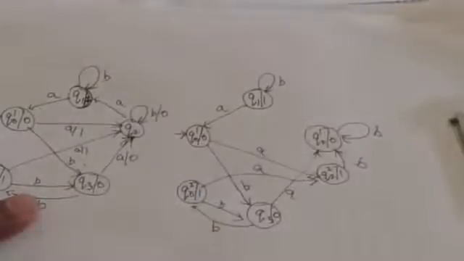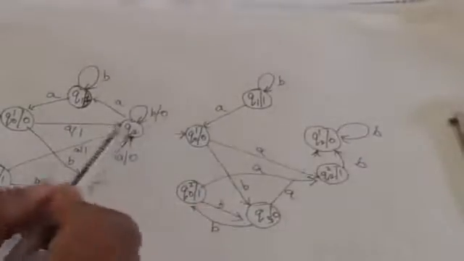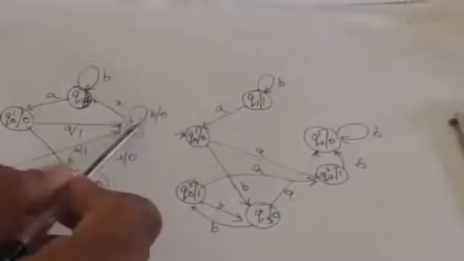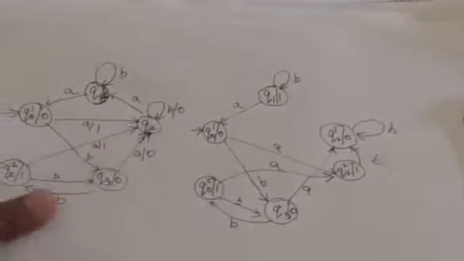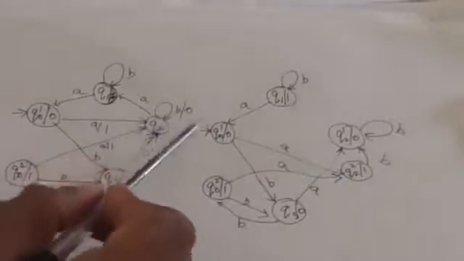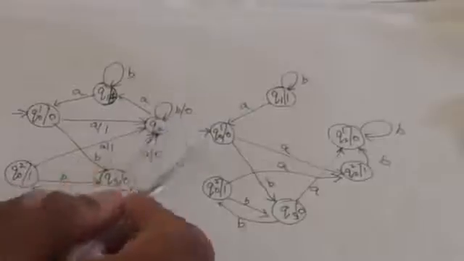Right? There's this edge, or we can say loop, from Q2 state labeled by output symbol 0.